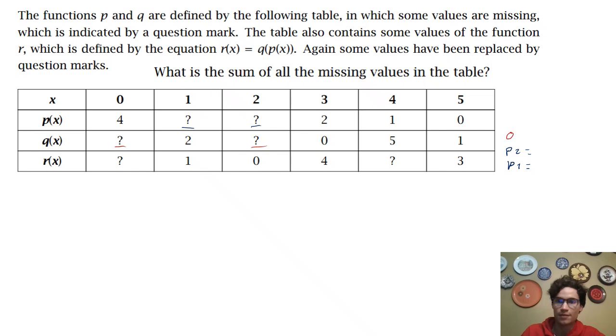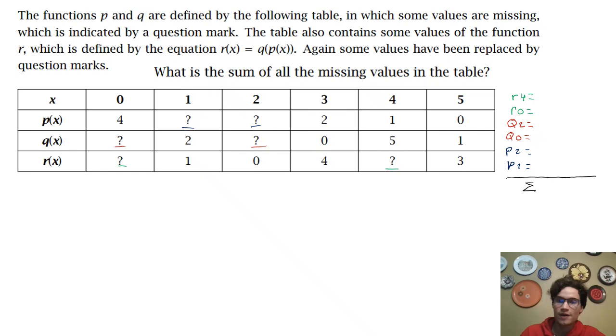Q0 is a missing value and Q2 is a missing value. Finally, the last two missing values are R0 and R4. So these are the six missing values in the problem. We have to sum them all.